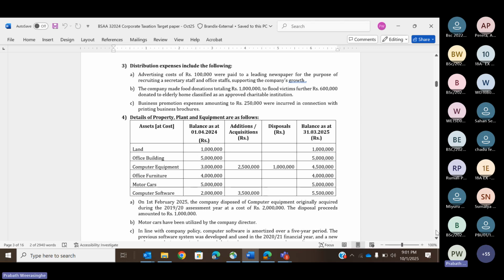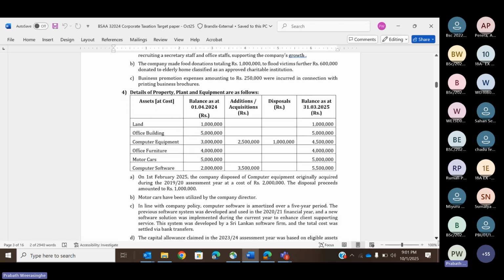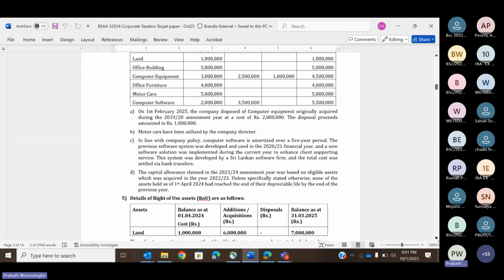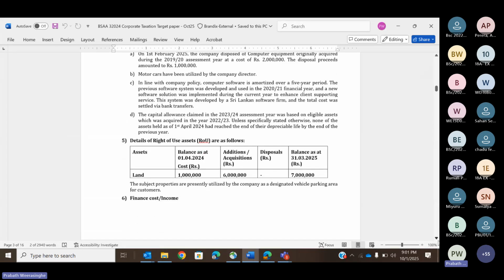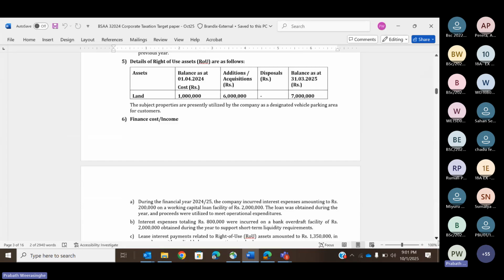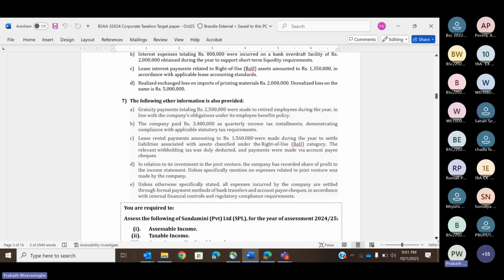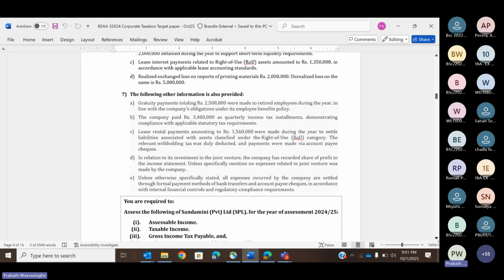Details are given to work out the capital allowances, and ROU assets I told you. So finance cost and income, in that context, it could be interest, charges, that type of thing connected to financial expenditure. And also exchange gain or loss will be coming, right?